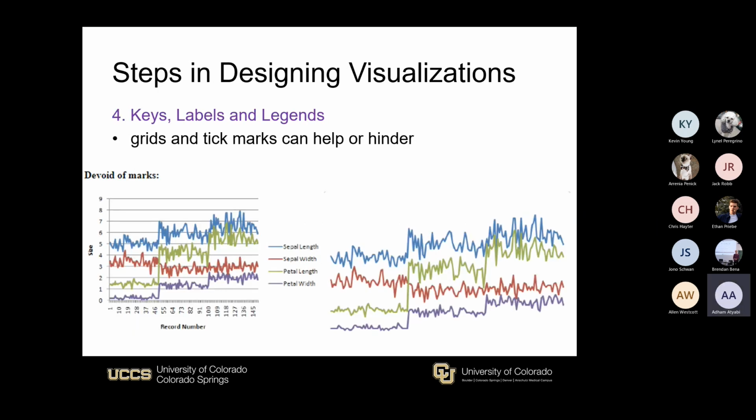The next one, keys, labels, and legends. So sometimes grids and ticks and the tick marks can actually help, and sometimes they can hinder. You can create something like this, or you can remove them and create something like this.